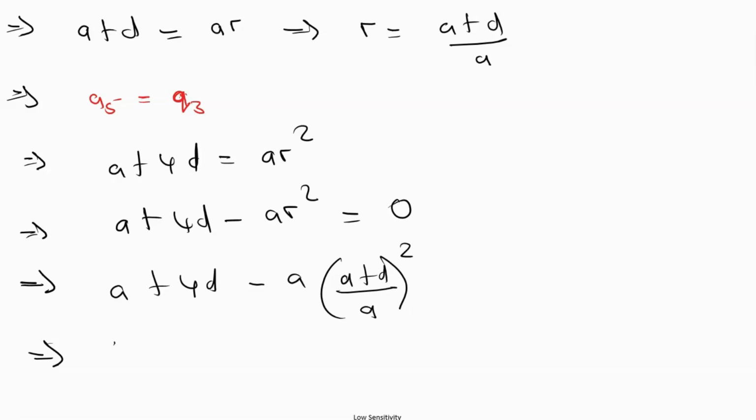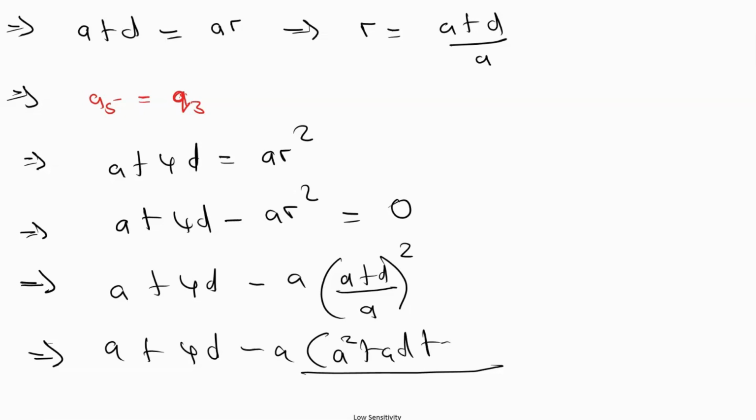Since this is squared, we have a plus 4d minus a, multiplied by a squared plus ad plus ad plus d squared, all over a squared.